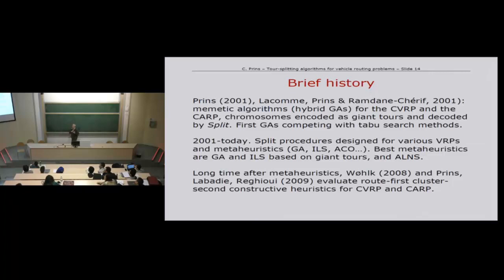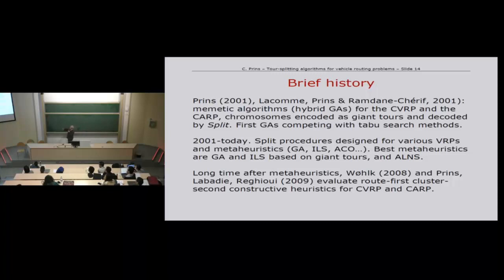And at that time, the best methods were tabu search methods, and we obtained the first genetic algorithm able to compete. Since that time, split procedures have been designed for a lot of other routing problems and several types of metaheuristics, and we can see that in fact the best methods today are memetic algorithms, so not pure GAs, because pure GAs without local search are not aggressive enough for combinatorial optimization.